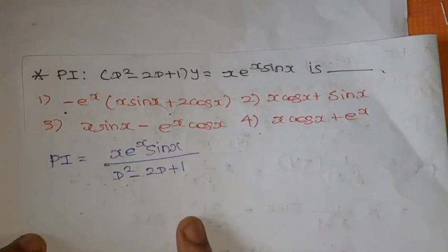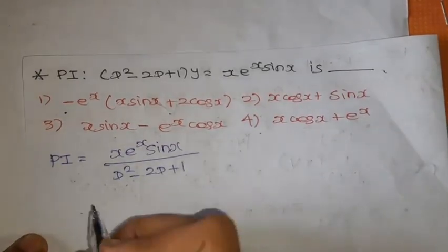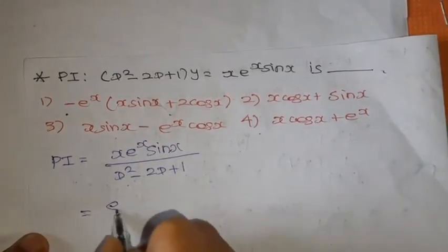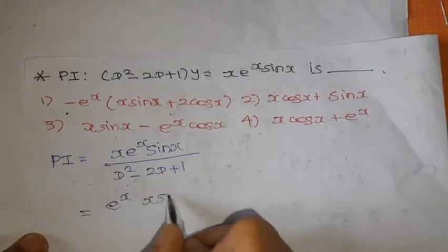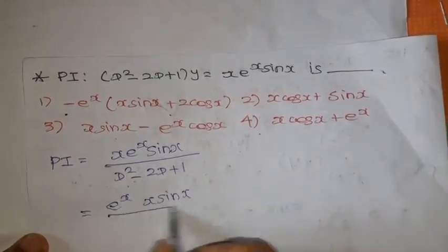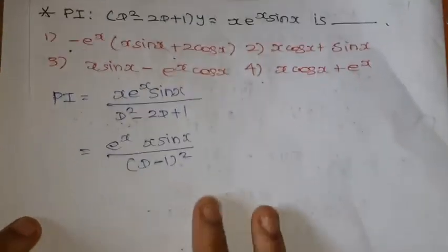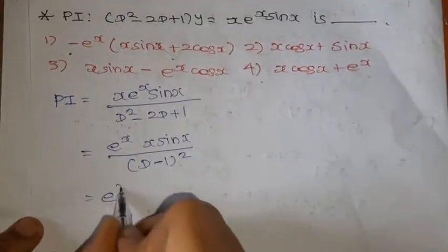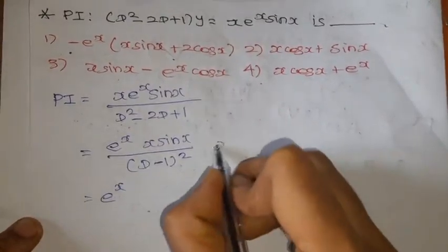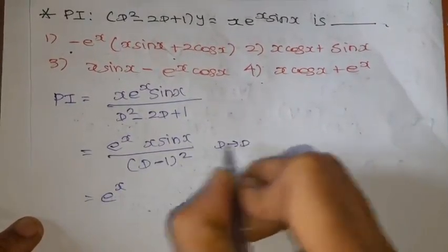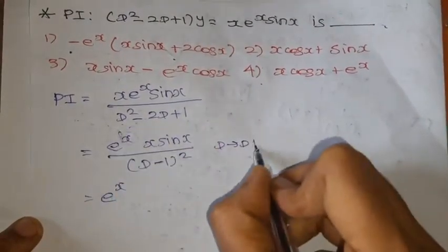So e power x here, so we are going to rearrange e power x into x sin x divided by D squared minus 2D plus 1. It is nothing but D minus 1 the whole square. So e power x comes, we should replace D by D plus alpha. So D by D plus 1.